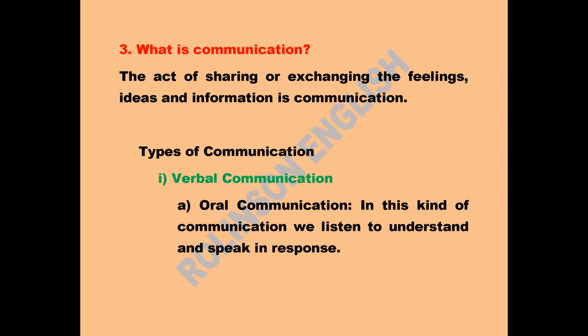Oral communication is the kind of communication when we listen to understand and speak in response. Here we first listen to someone to understand what he or she is saying, and then we respond in speech to what the speaker has said.